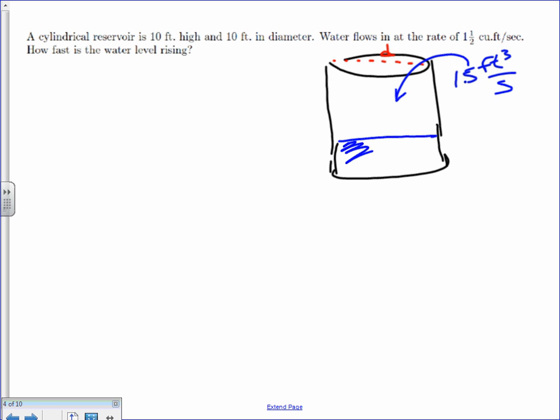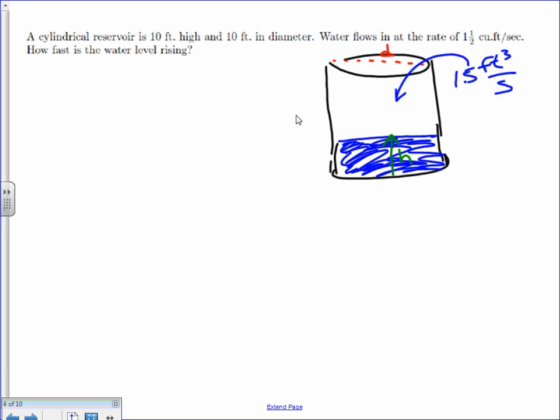So we've got to think we've got some water in here. We want to know how fast is the water level rising? How fast is this height here changing? Let's give this a variable. Let's call this h. That's the height we care about. I don't really care at all how big this cylinder is.